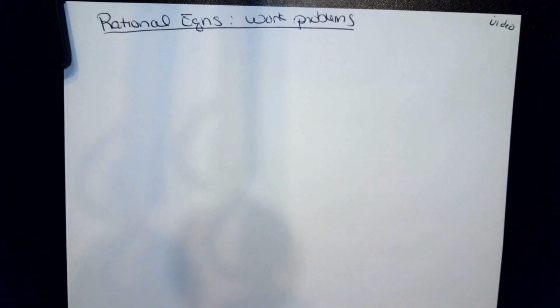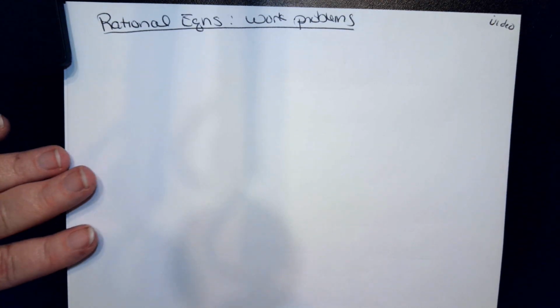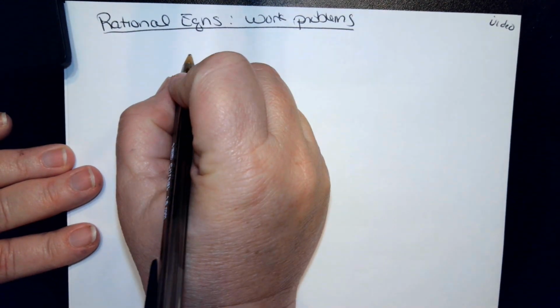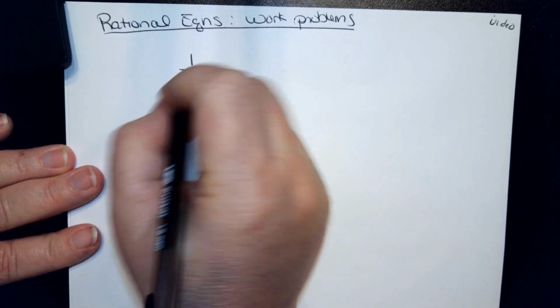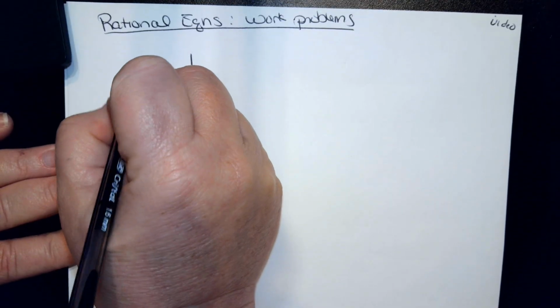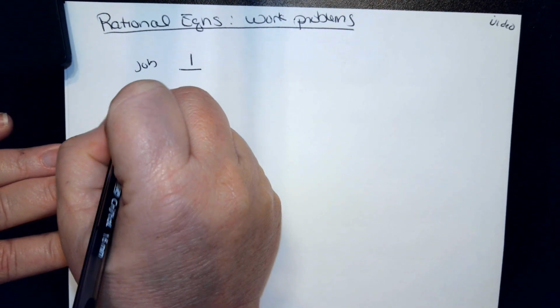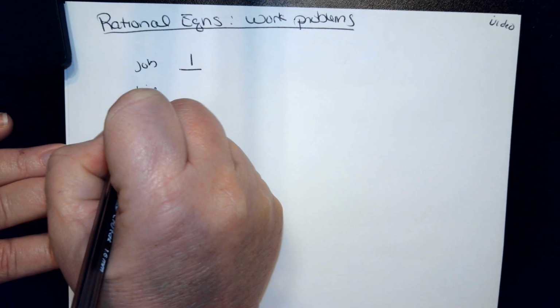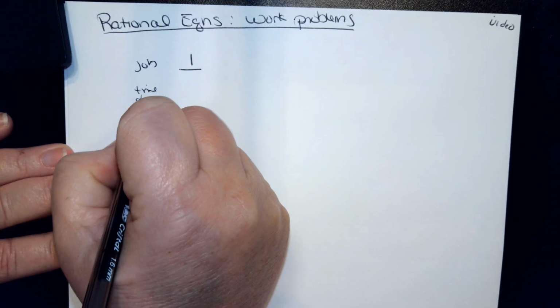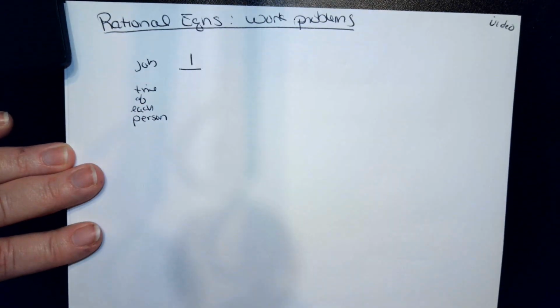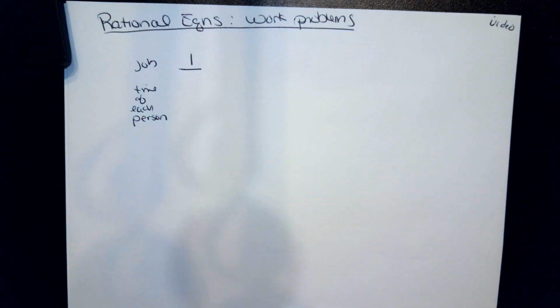As you can see, the shared work problems have a specific pattern here. It's going to be 1 over, usually it's the job over the time of each person. You can see that in your guided notes.